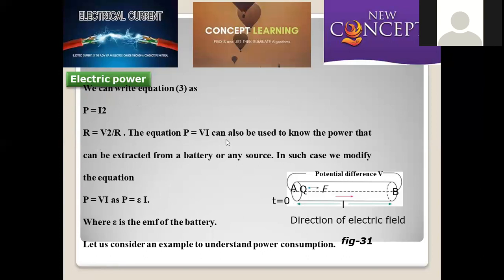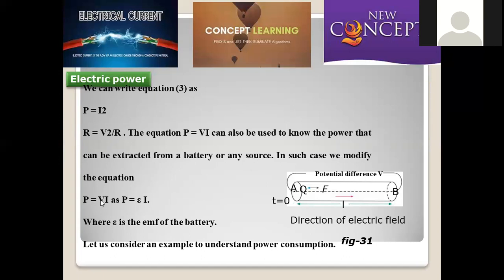The equation P is equal to VI can also be used to know the power that can be extracted from the battery or any source. How much power is drawn from the source? You may take a battery, otherwise a grid connection. From this, the extent of power consumed and, in the same way, the extent of work done is also possible. In the same case, we modify the equation. If we are concerned about power drawn from the battery source, the equation is slightly modified.